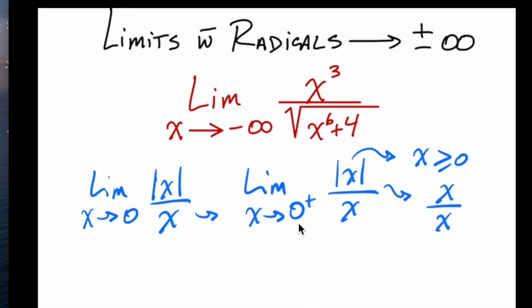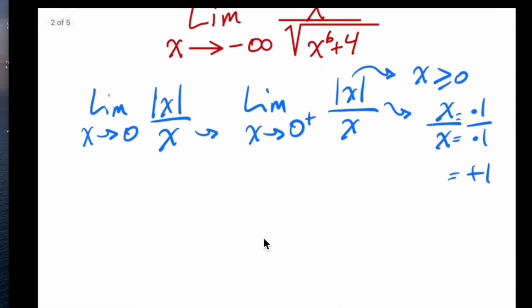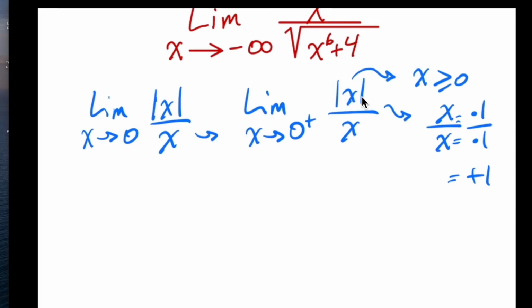So here, if we are evaluating x approaching 0 from the positive side, we would be able to use numbers such as 0.1 over 0.1, and we would get a positive 1 as our limit, heading towards 0 from the right. However, if we were to set what was inside the absolute value here to less than 0, that's in the domain where x is negative, we would then use the opposite function. So here we would take the limit where negative x is used rather than the original function, which was just x.